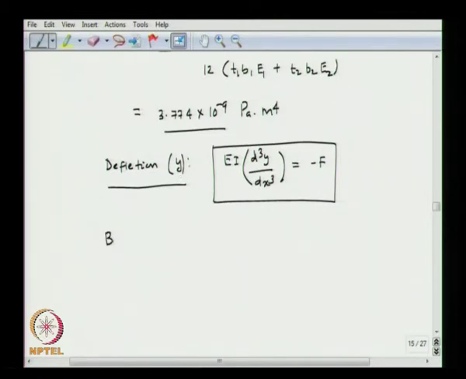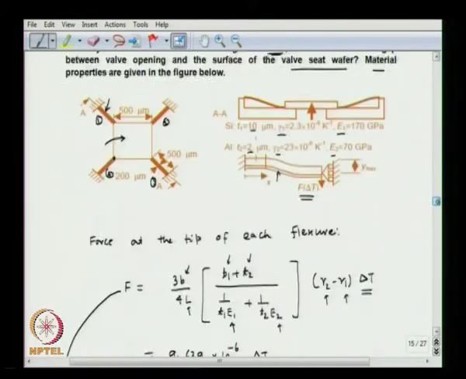So, what are the boundary conditions? To solve this equation, the boundary conditions will be the y dash, the slope at x equal to 0 is going to be 0. Okay. So, if you look at here, this is x equal to 0. That means at the base. So, the flexure is mounted to a rigid base. So, the slope is going to vanish here, and also since the membrane is rigid, the slope will also vanish here.